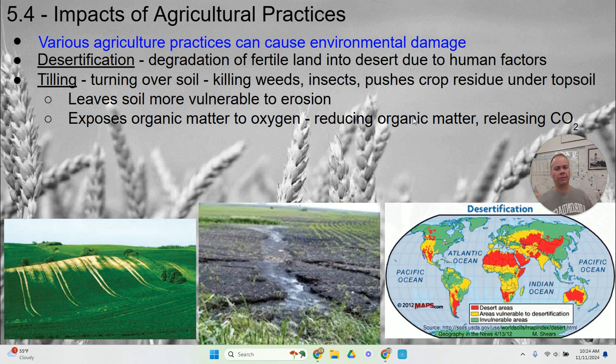But it has negative impacts as well. That exposed tilled soil can be vulnerable to soil erosion if it's dry and if water or wind conditions are at the right level. Then that could lead to soil erosion because that soil is exposed. It exposes the organic material that was in the soil to oxygen, and that organic material starts to decompose more quickly, releasing CO2 in the atmosphere.